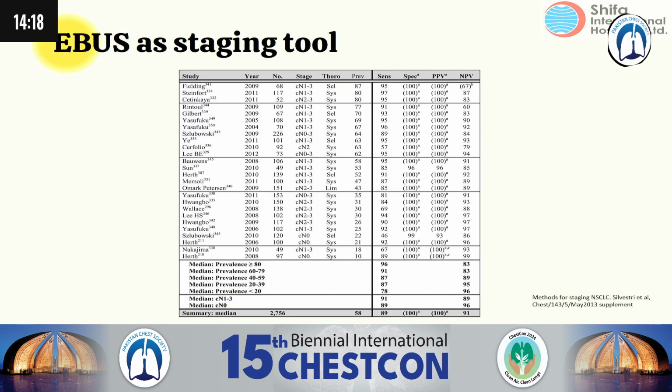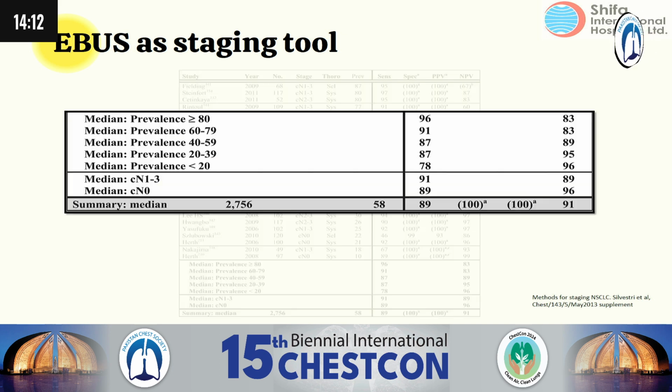This data pooled all the studies that were published between 2006 and 2012, and that shows that the combined or pooled sensitivity of EBUS for mediastinal nodal staging is about 89%, with specificity and positive predictive value of 100% and very good negative predictive value of 91%.